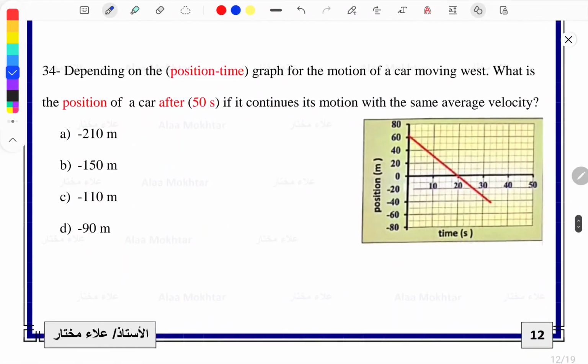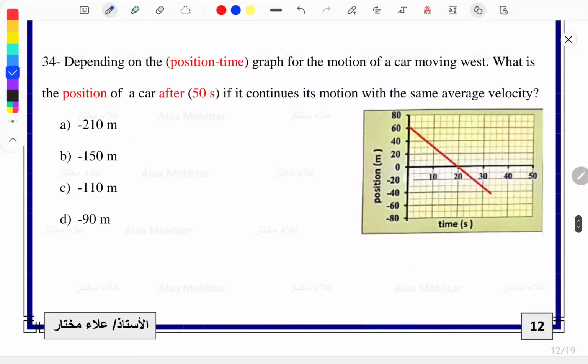What about this equation? Depending on the position time graph for the motion of a car moving west, what is the position of the car after 50 seconds if it continues its motion with the same average velocity? Look at this line.